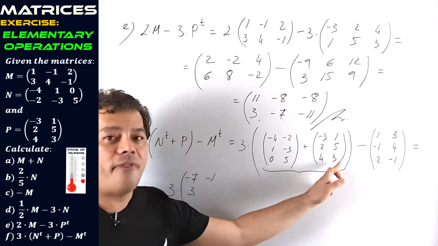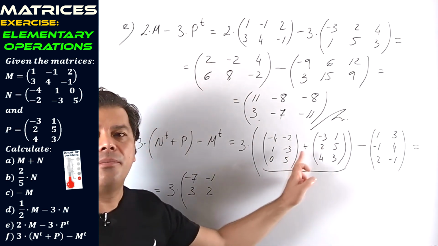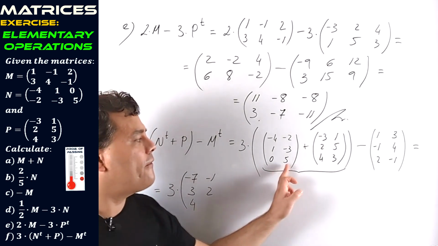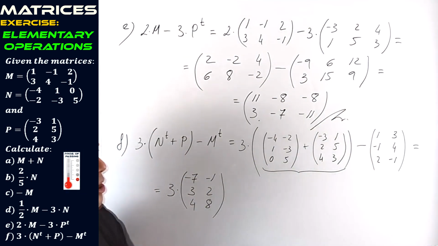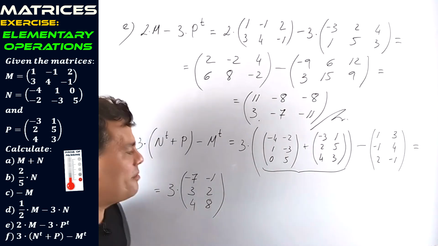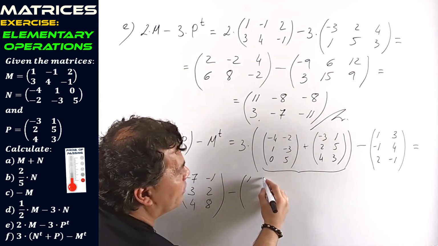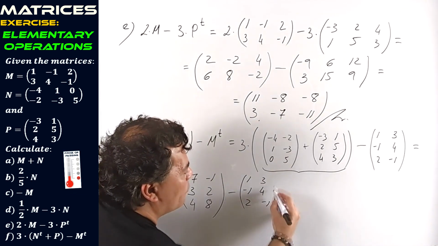Negative 3 plus 5 is 2. 0 plus 4 is 4. And at the end, 5 plus 3 is 8. Don't forget to position the last matrix. 1, 3, negative 1, 4, 2, negative 1.